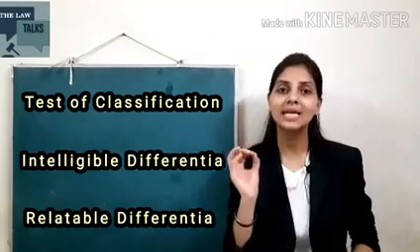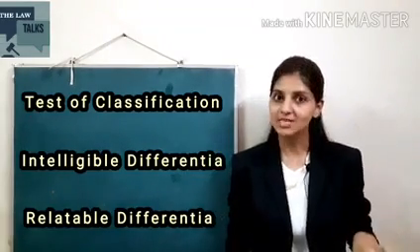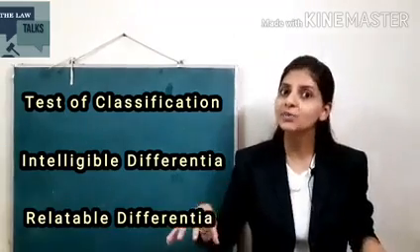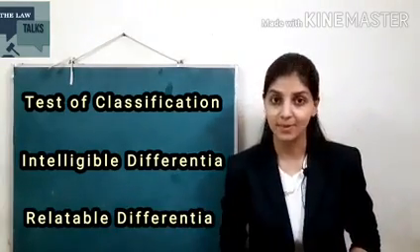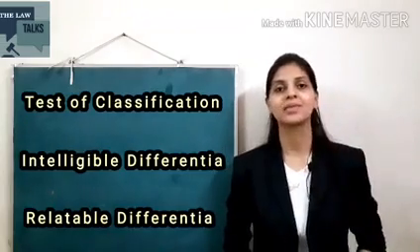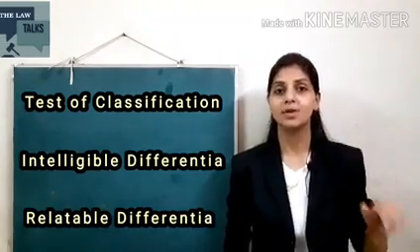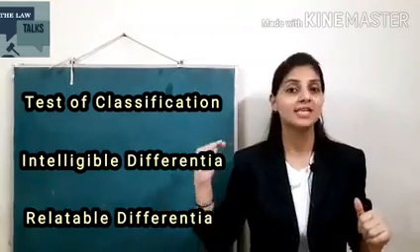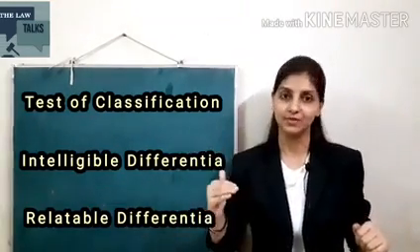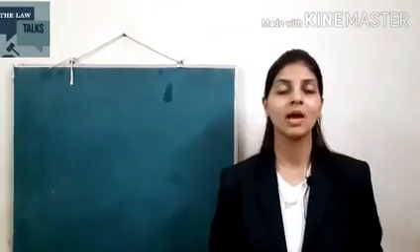This is intelligible differentia, which talks about how equal must be treated equally and the unequal must be treated differently. And this difference must be reasonable, intelligible. And the second is that the differentia must be in relation with the object that the legislature sought to achieve. Alright, I hope I'm clear with both these tests.